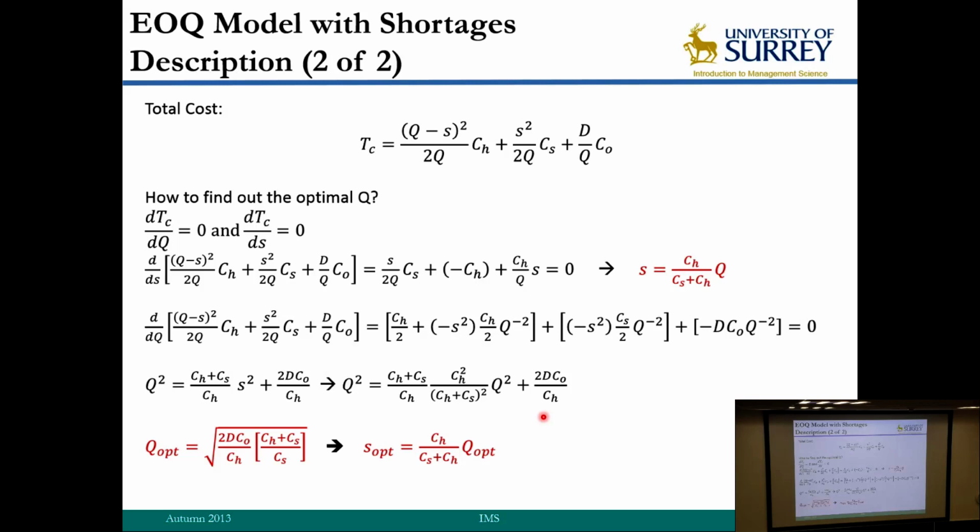So this is the optimal quantity of shortage if you allow some shortages.